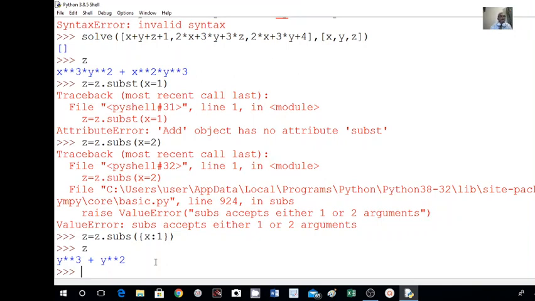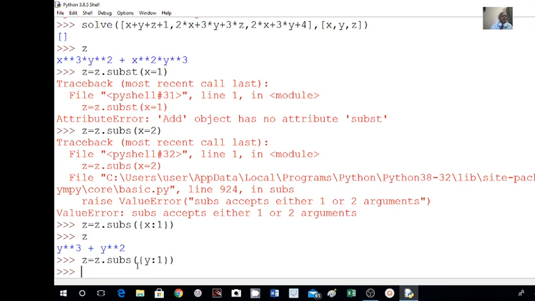This is my new z. Again I write z equal to z dot SUBS, I'll put for y, open flower bracket, y colon, say 1, 1 cube equal to 1, 1 square equal to 1, answer is 2, flower bracket close, parenthesis close, enter.